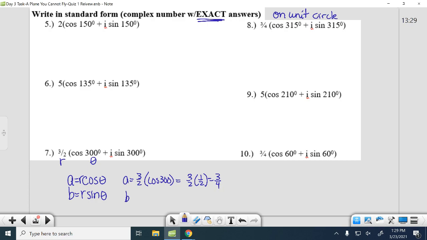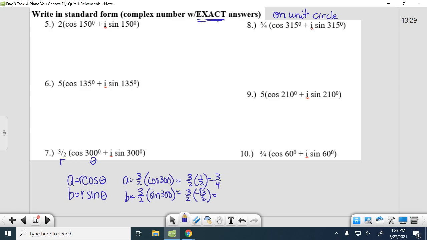Our b value is going to be r, 3/2, times sine of theta, or sine of 300 degrees. And sine of 300 degrees in quadrant 4 is going to be negative. So we're going to have 3/2 multiplied by negative square root 3 over 2.